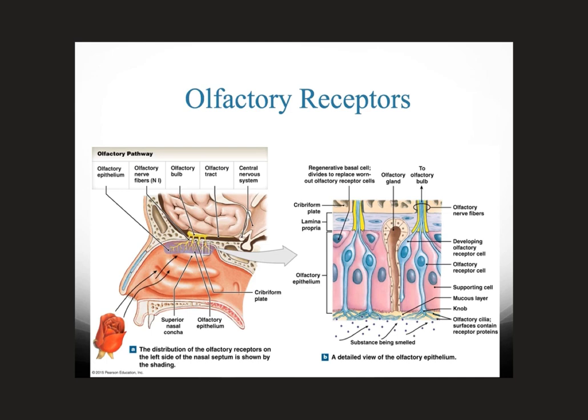Okay, so if we go down the line, we start with the olfactory receptor. Not to mention that on the tip of the olfactory receptor, we're going to have what we call the olfactory cilia, so little hairs that receive the protein that's going to be smelled.